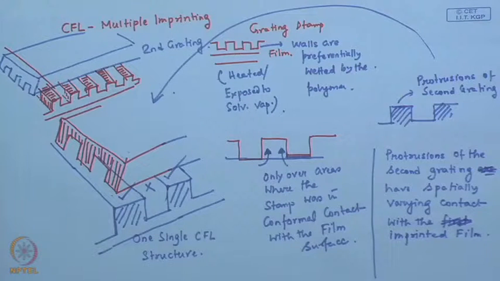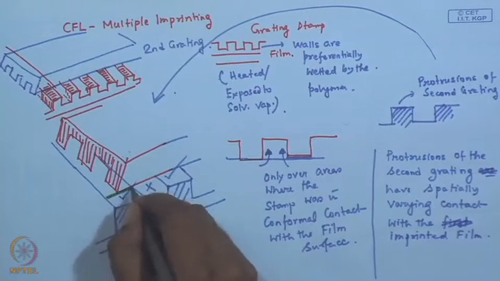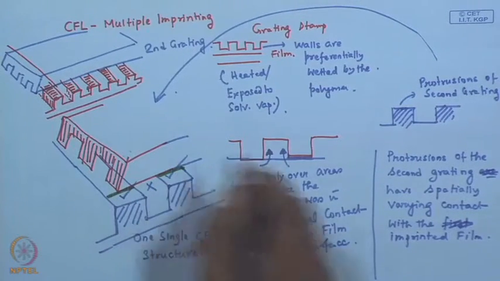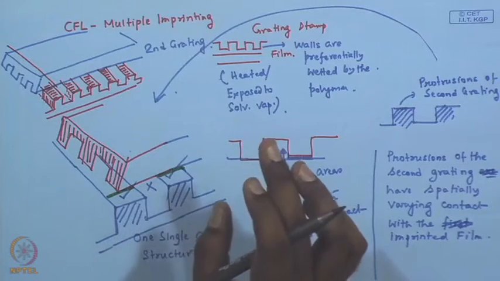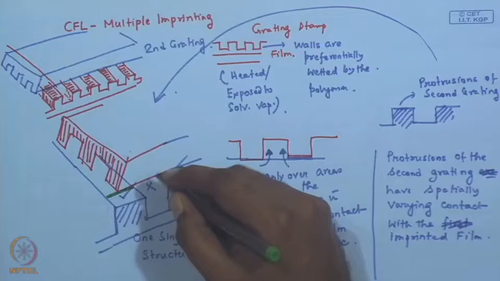In other words, you can see that it is only over these specific areas where the protrusions are in contact with the already imprinted film, and over these areas there is no contact.